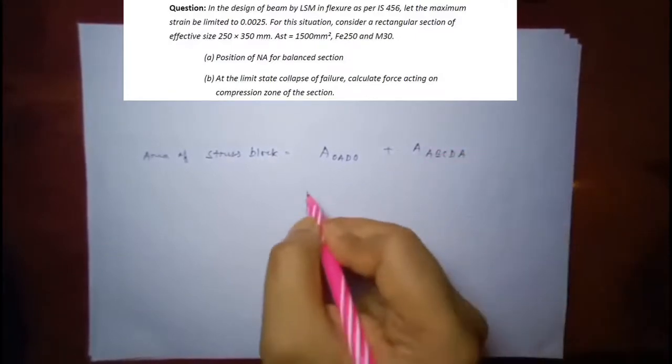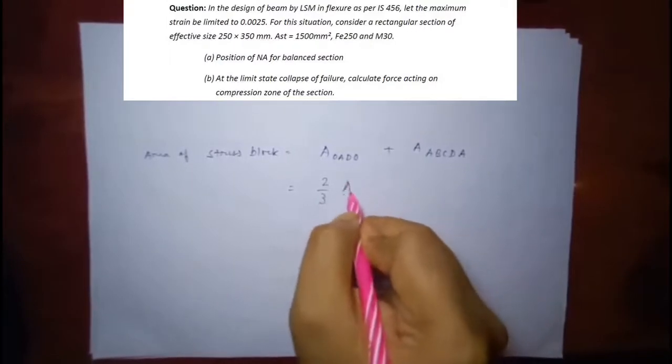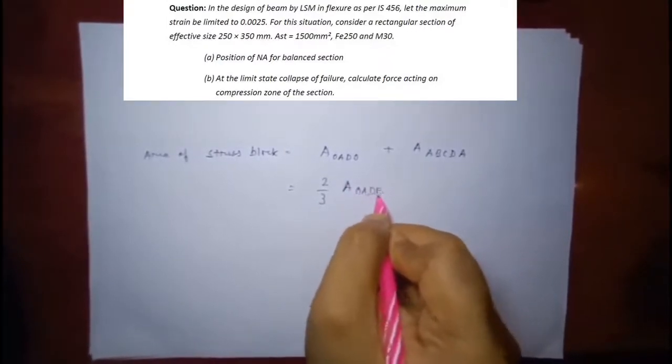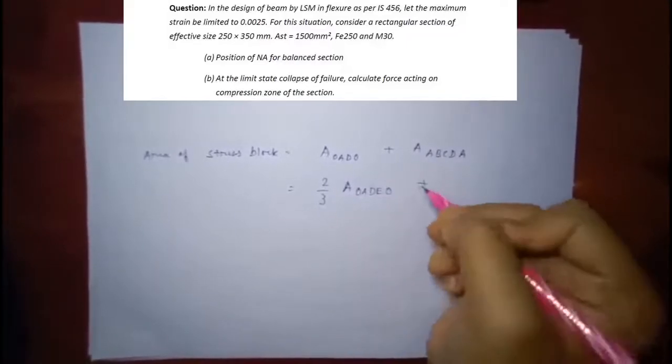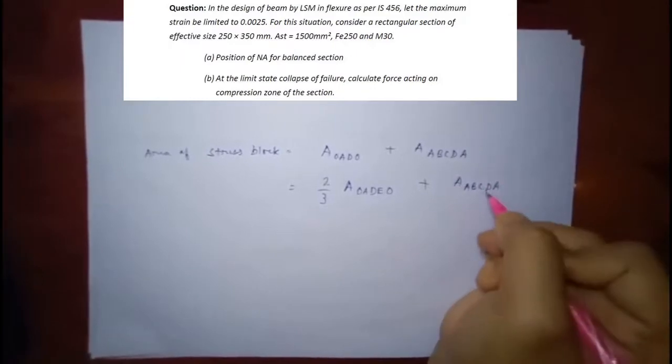So this is 2 by 3 area of OADEO plus area of ABCDA.